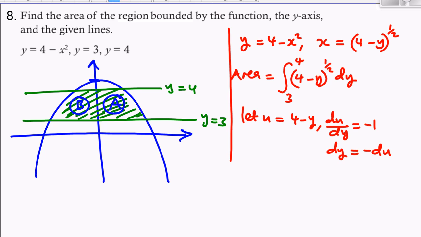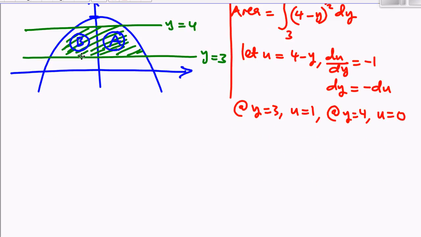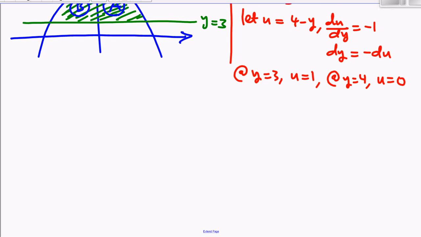And then at y equals 3, u will be 1. At y equals 4, u will be 0. So we can now proceed and find the definite integral with the new variables.